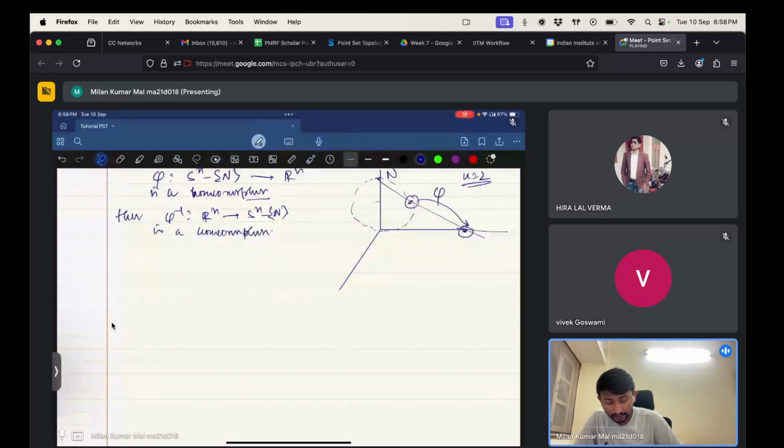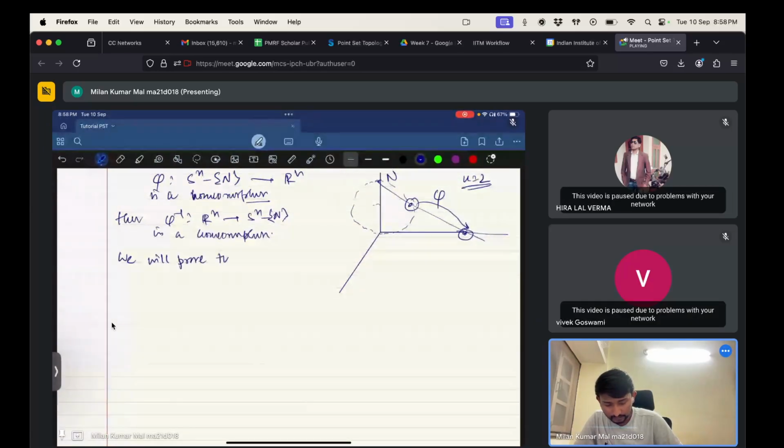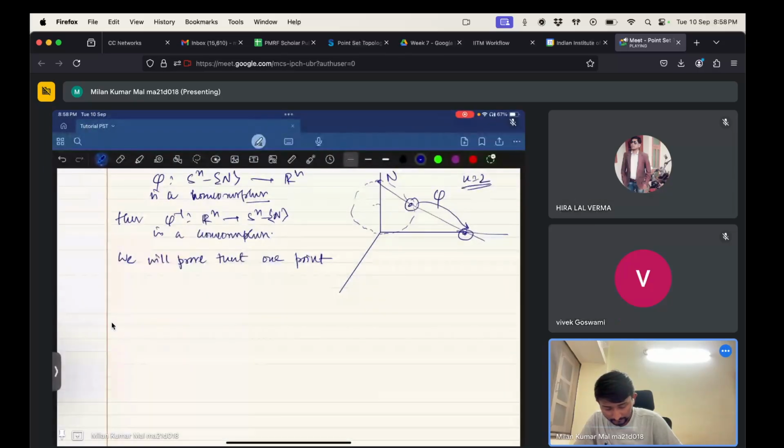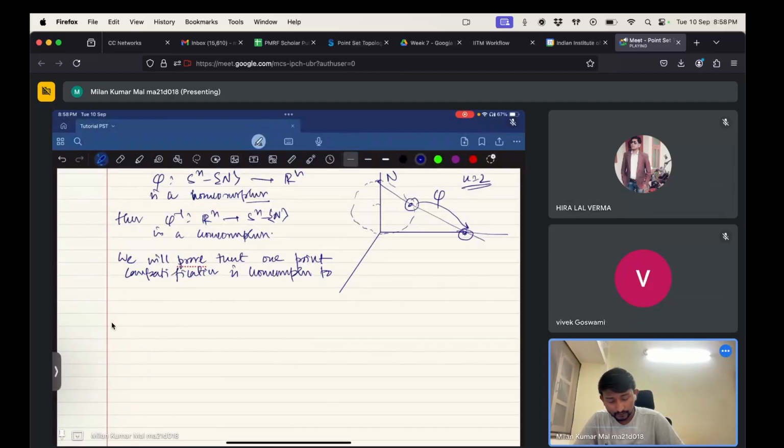We will prove that the 1-point compactification is homeomorphic to S n. This is what we will prove.